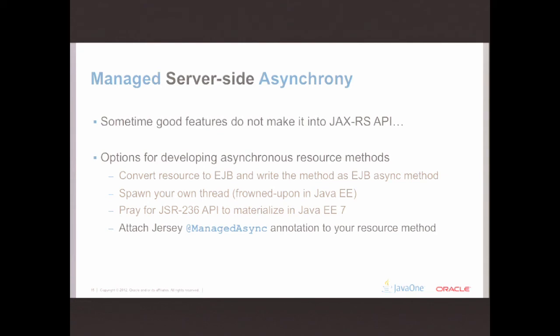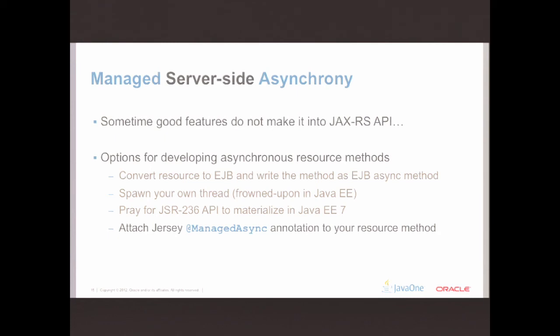And unlike the JSON API, which really is going to happen, this one is not so sure. That API should provide the concurrency utilities and workers for Java 7, which would replace the need to spawn your own threads. But as I said, I'm not sure if it's going to happen.